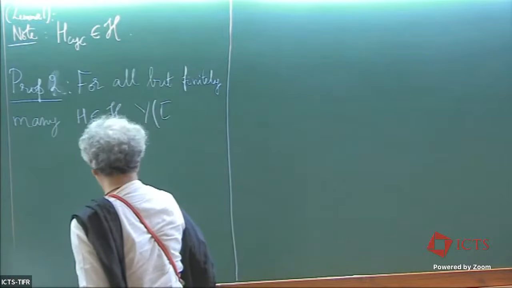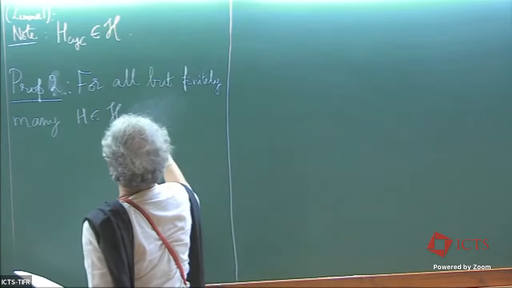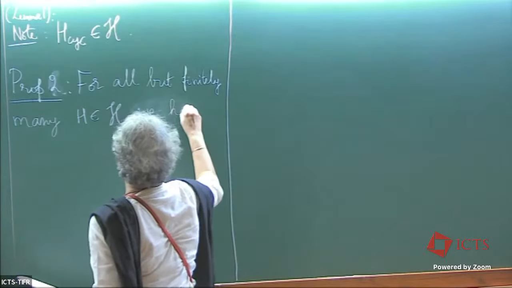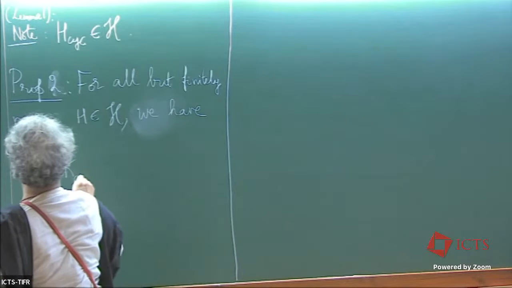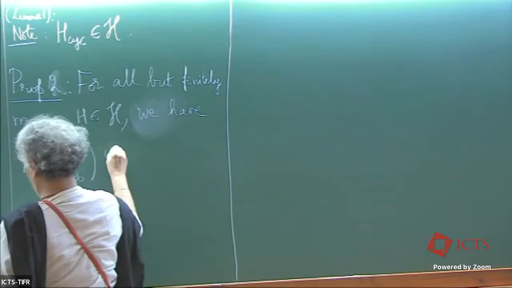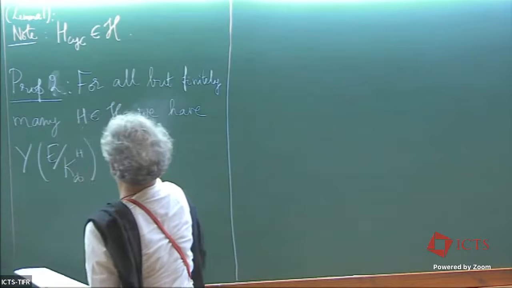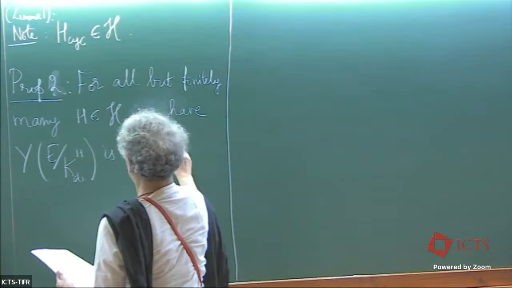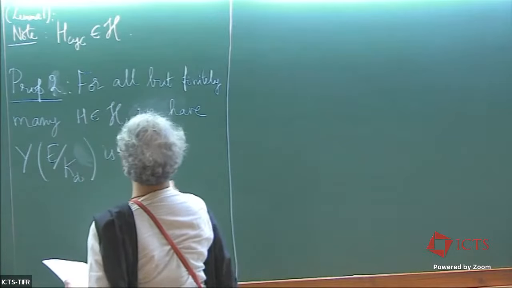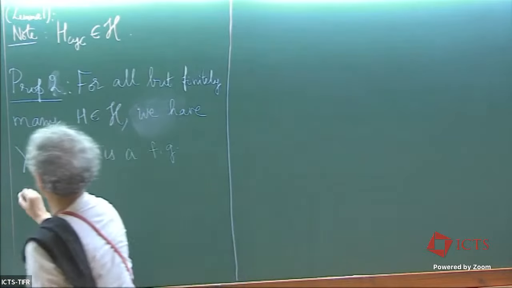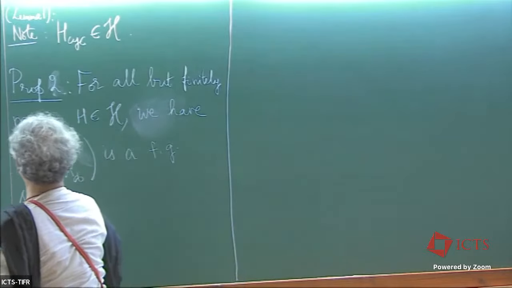So we have Y of E over K infinity is a finitely generated Lambda(H) module.